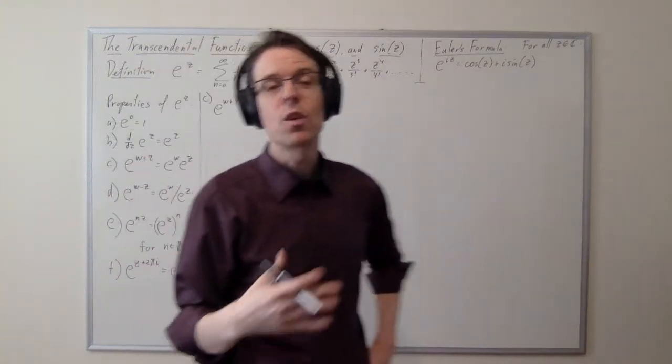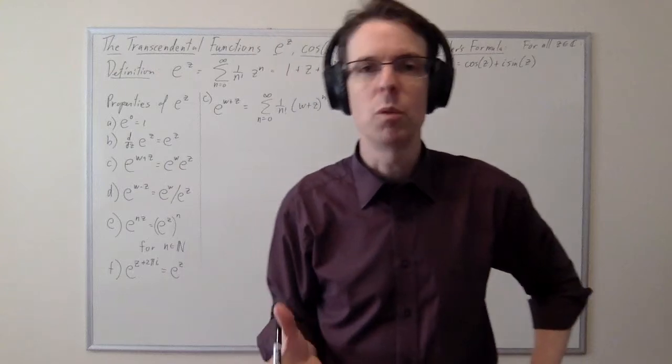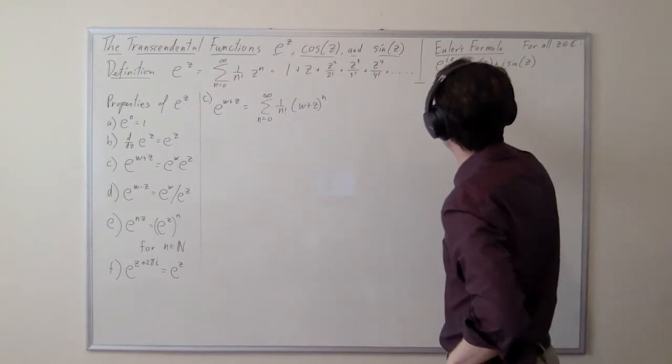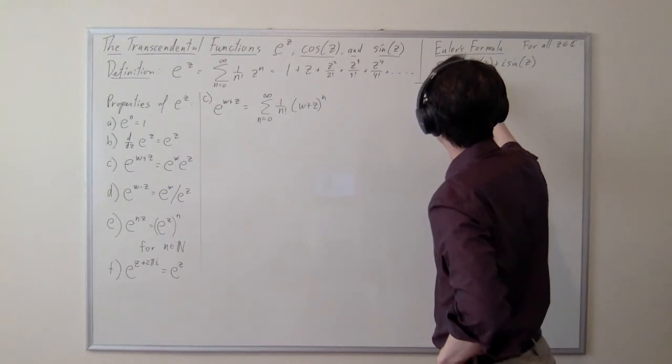And honestly, there's only one thing we could possibly do with w plus z to the n, and that is we could use the binomial formula. So let me remind you of the binomial formula.